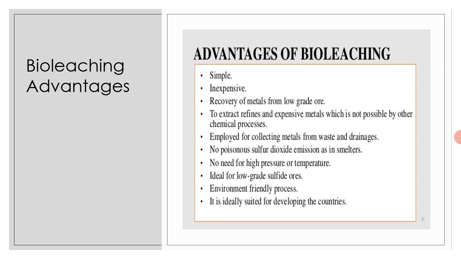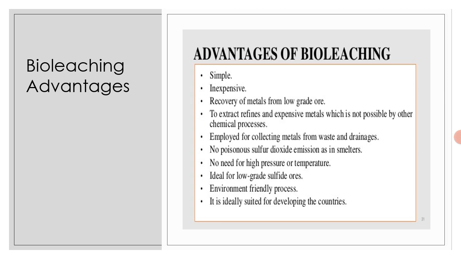The fourth is to extract the refined and the expensive metals, which is not possible by the other chemical processes, right? To extract the refined and the expensive metals, as we can see, this uranium, then gold, silver, iron, these are very important, expensive metals, and which is not possible by the chemical processes.